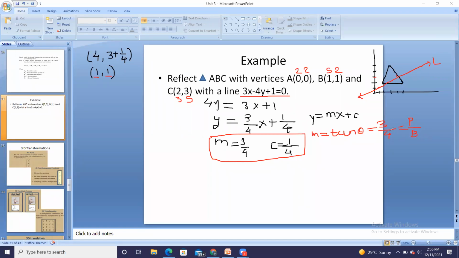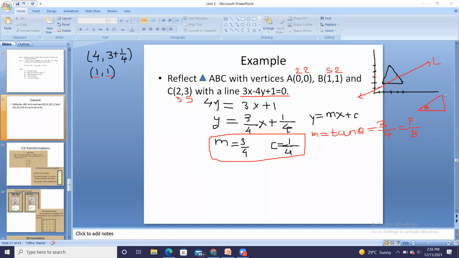If this is the angle theta, tan of theta is the opposite side divided by the adjacent side.